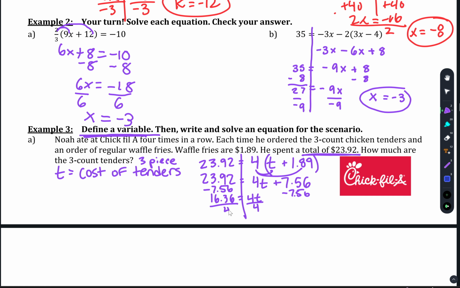Divide by 4. I'm going to make it fit in here. T is 409. So the chicken tender 3-piece thing is $4.09. Any questions on that?